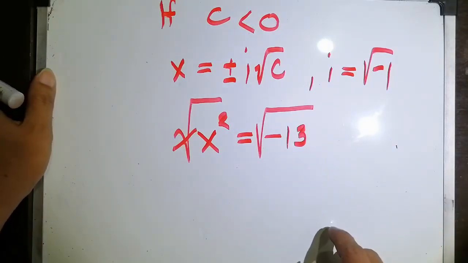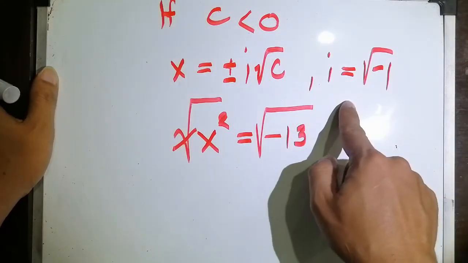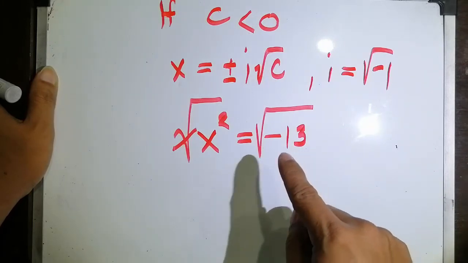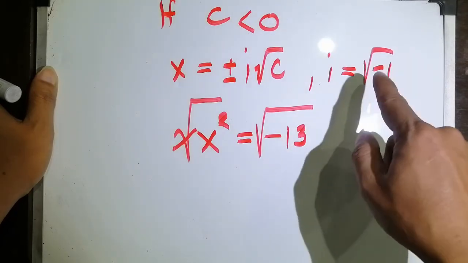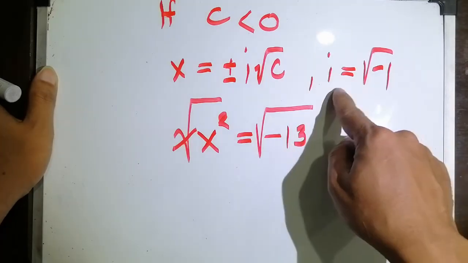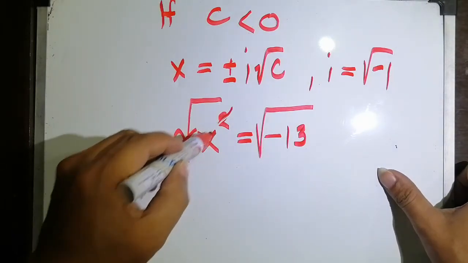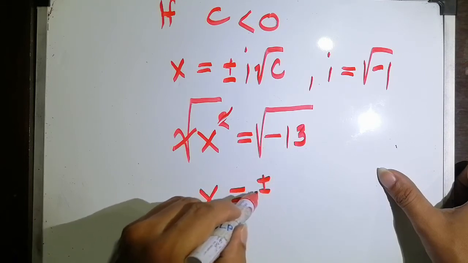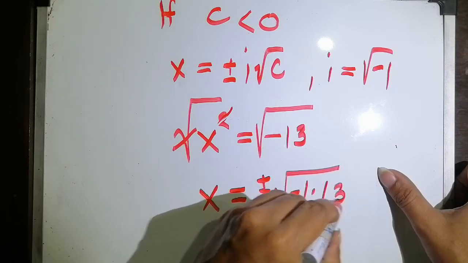Ulit. So, walang square root yung negative number, kaya i-apply natin itong imaginary number by definition. So, dahil negative 13 yun, ipa-factor natin siya na yung isa sa mga factor niya ay negative 1. Bakit negative 1? Kasi by definition, yung square root ng negative 1 ay imaginary number. Okay? So, let's solve. So, x is equal to plus or minus square root of negative 1 times 13.